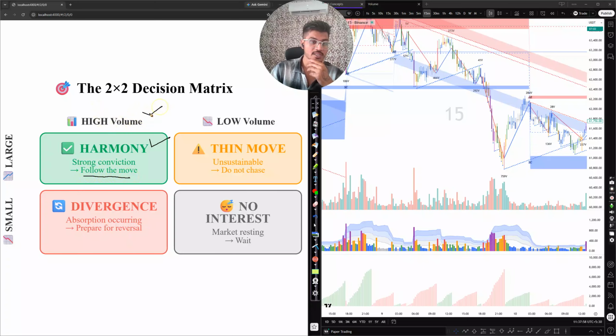Volume is high and price movement is large. Effort is good, result is also good. We call that harmony. On the other hand, if the volume is low and the price move is large, that means it's a thin move, which is unsustainable. Do not chase this.